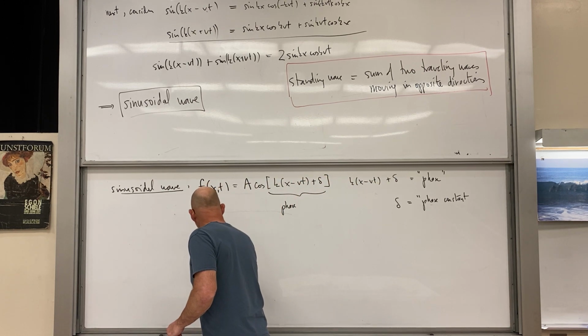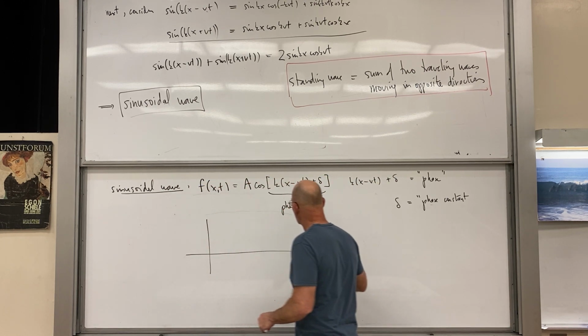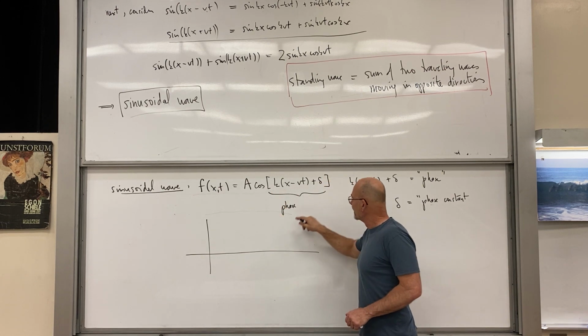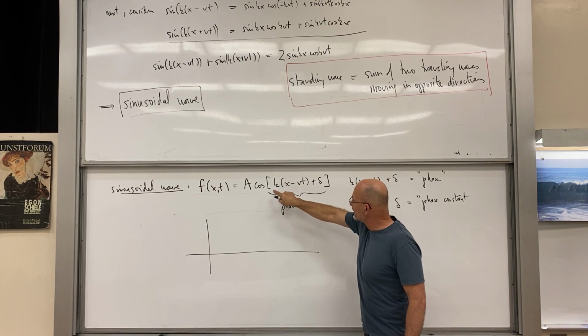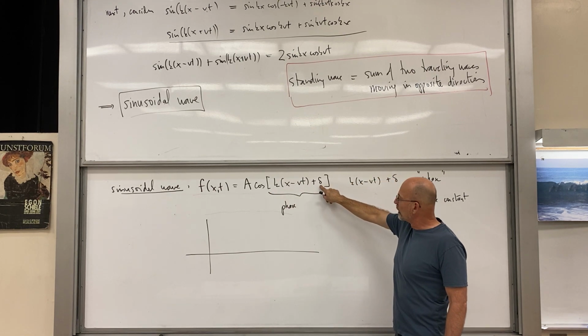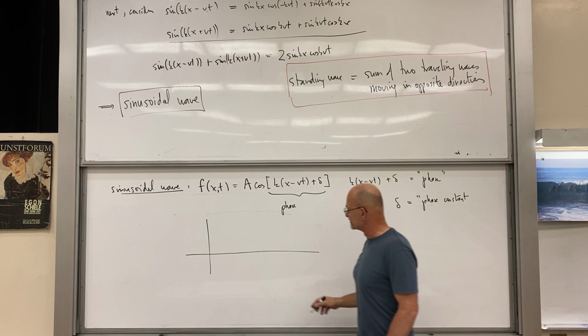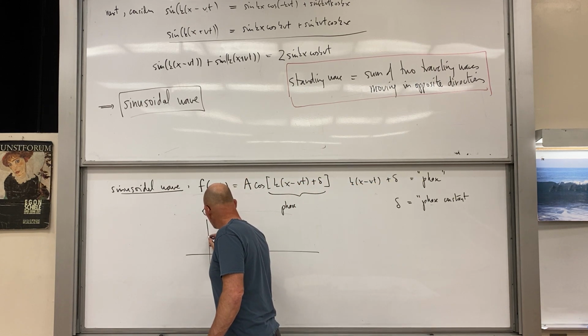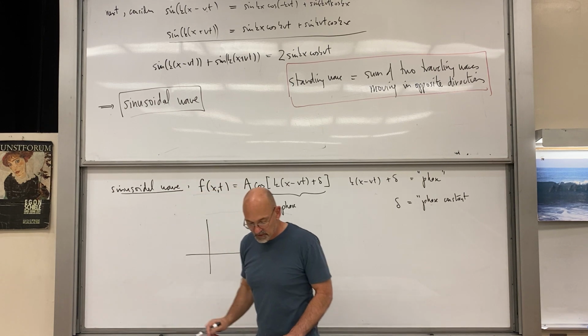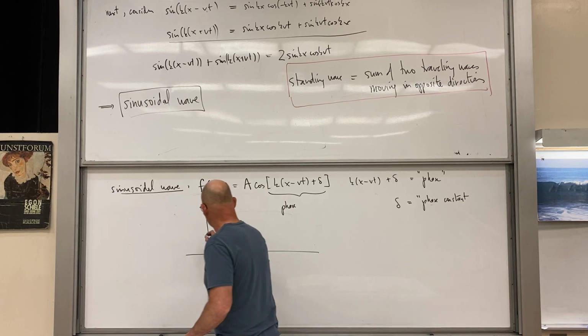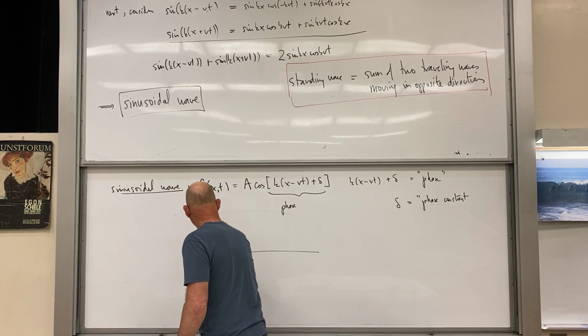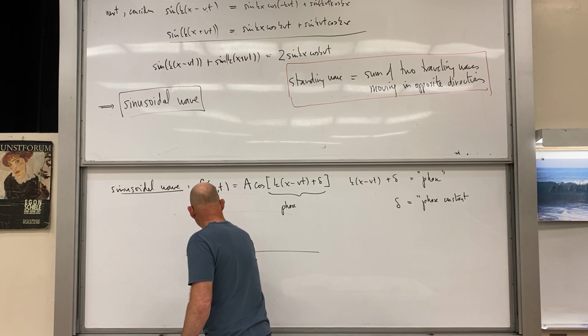So if we graph this, since it's just a cosine, if kx minus vt is 0, then this would just be cosine of delta. So we could just take the cosine and shift it a bit. So we'll just shift this here, but otherwise it's just the cosine.